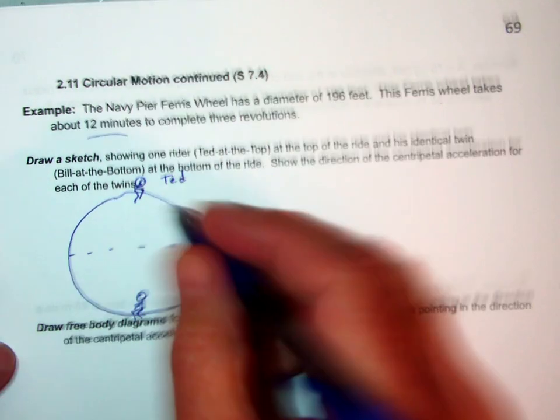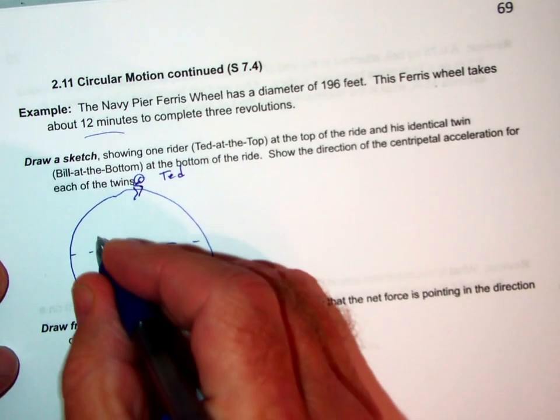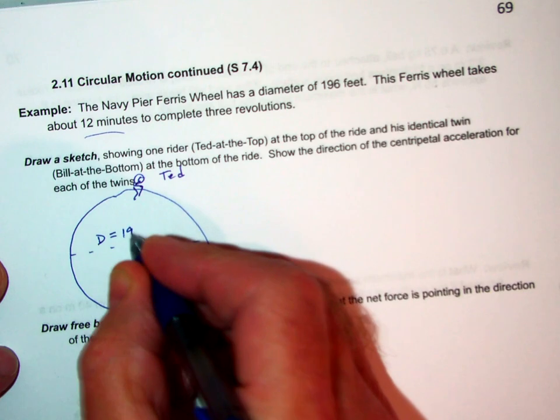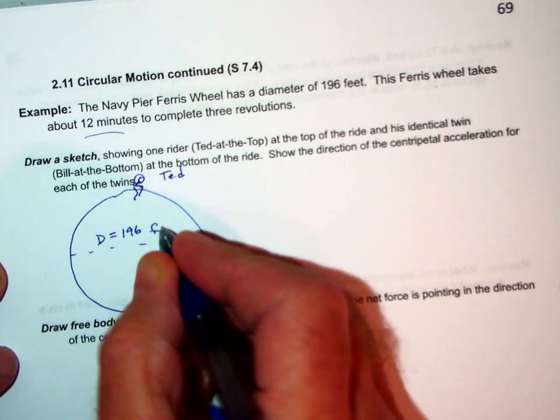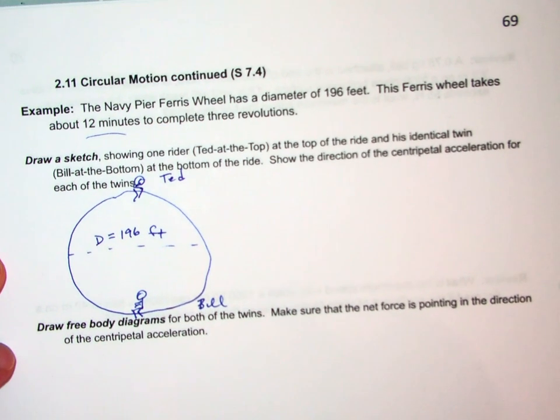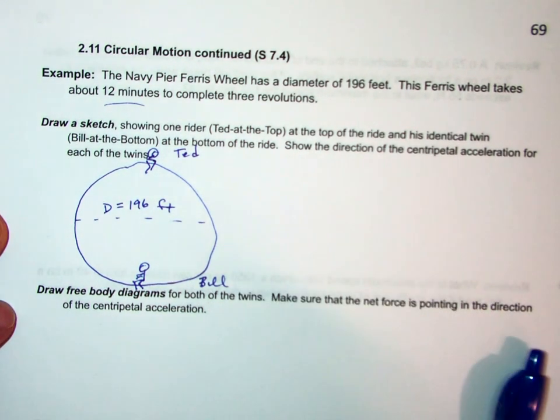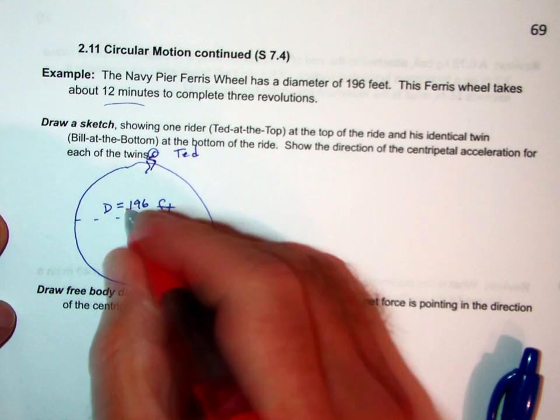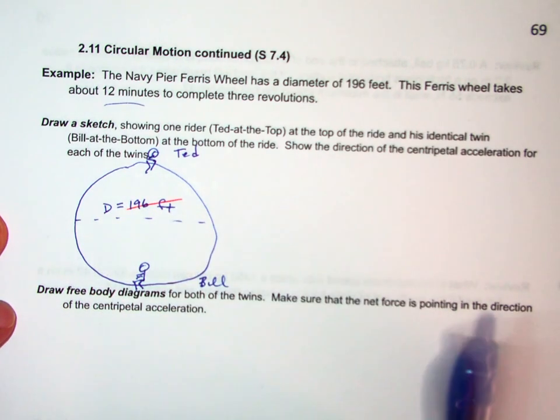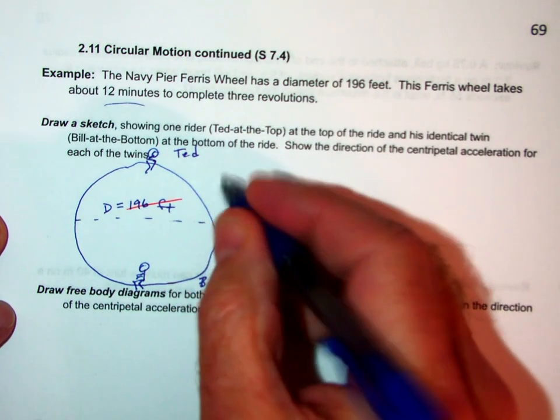And the Ferris wheel has a diameter of 196 feet. So clearly the first thing that we have to do is get rid of these American units and go with international units.